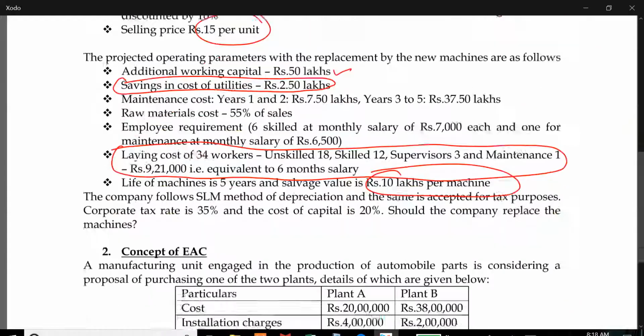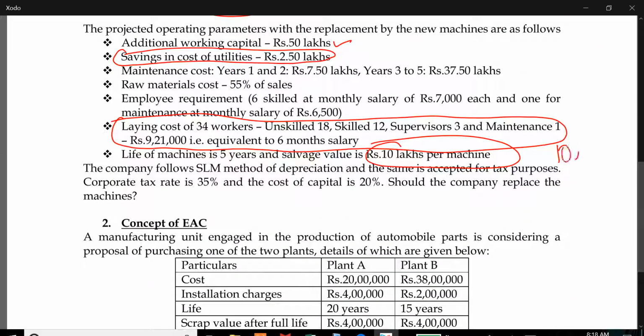The new machine will have a salvage value of 10 lakhs into 3. Wait, this 10 lakhs into 3 is the sale value, not the net salvage value. For net salvage value, you will have to consider income tax.